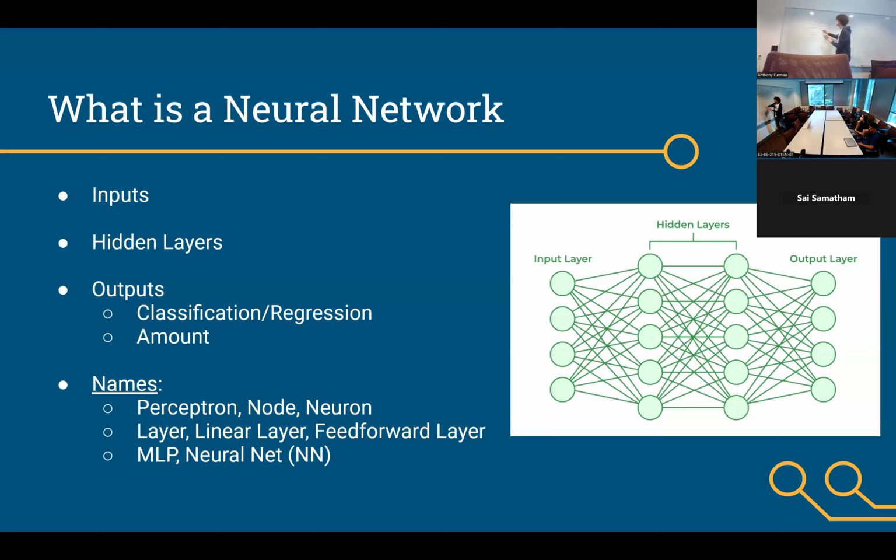One vertical stack is called a layer. And actually, you can have different kinds of layers, but the most common one is this kind, which I'm teaching you about today, which is a linear layer, or a perceptron layer, I guess you'd call it, or you'll sometimes hear it called a feed-forward layer. So why is it called a linear layer?